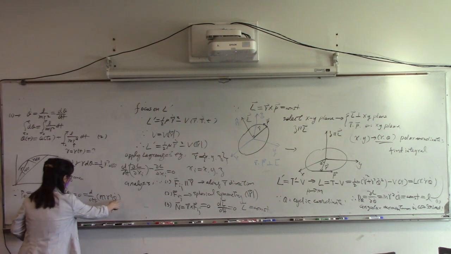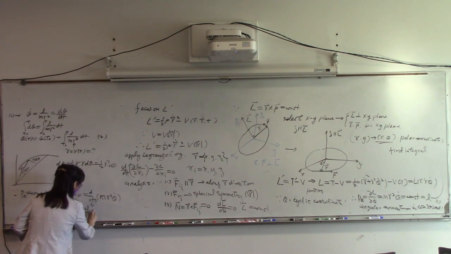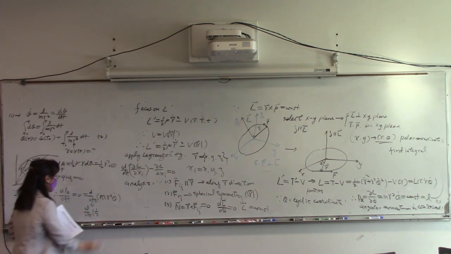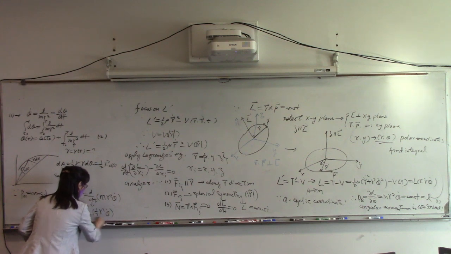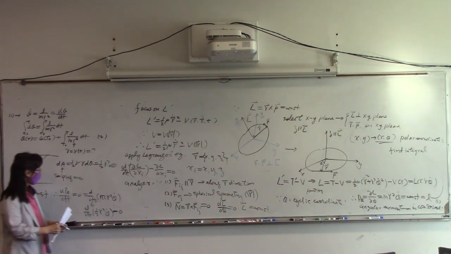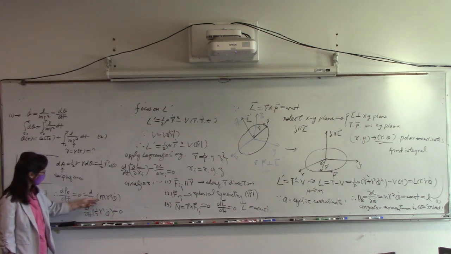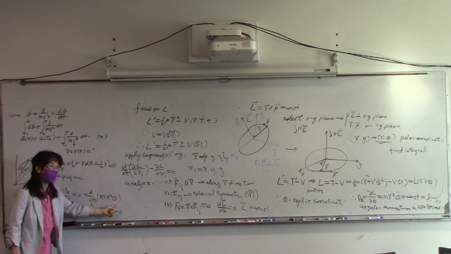Now m is constant, so that means d dt of r squared theta dot is also equal to 0. Do you agree? Since d of m r squared theta dot is 0, and m is constant, that means d of r squared theta dot is 0.